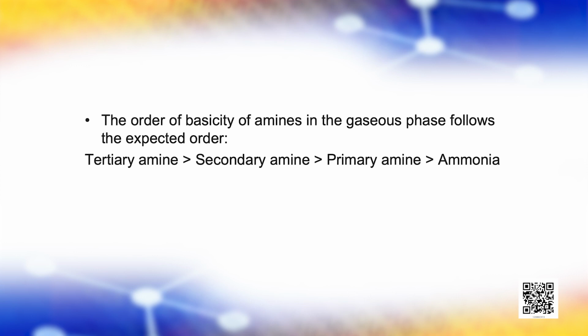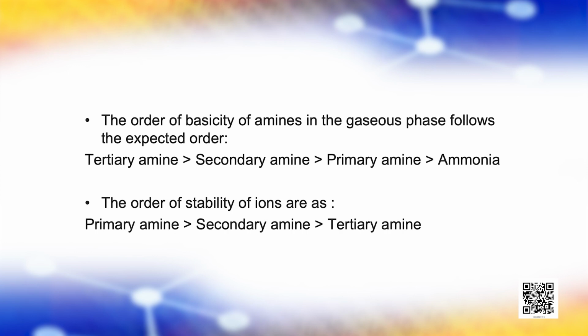The greater the size of the ion, the lesser will be the solvation and the less stabilized is the ion. The order of stability of ions is primary amine greater than secondary amine greater than tertiary amine, which is opposite to the inductive effect based order. Secondly, when the alkyl group is small like the CH3 group, there is no steric hindrance to hydrogen bonding.